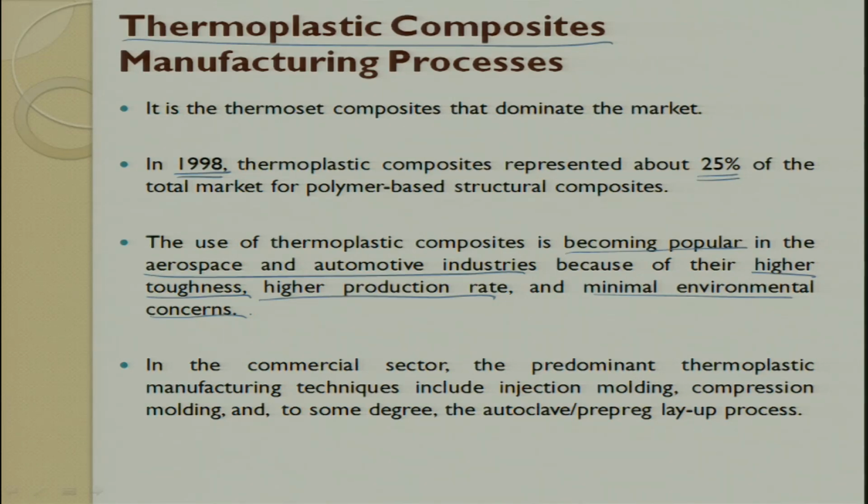So aerospace and automobile are big giant industries where they slowly push and then the rest of the market follows them. In the commercial segment, the predominant thermoplastic composite processes include injection molding, compression molding, and autoclave and pre-preg layup is also there. So thermoplastic pre-pregs are coming into the market today.